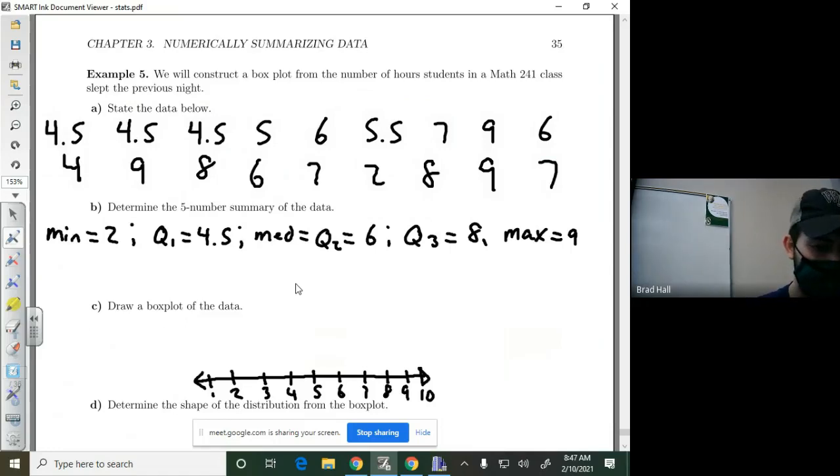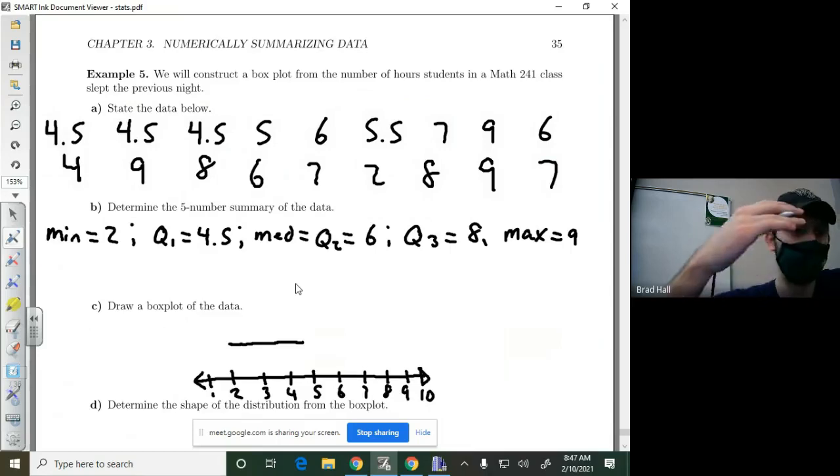We start at the minimum and we draw a line all the way to where Q1 would be, which is 4.5. So we draw a line from right above the number line, giving this a little bit of space, from the minimum to the first quartile, which is 4.5. From the first quartile, that's when we start drawing a box, and that box is going to stretch out to Q3, which is 8.